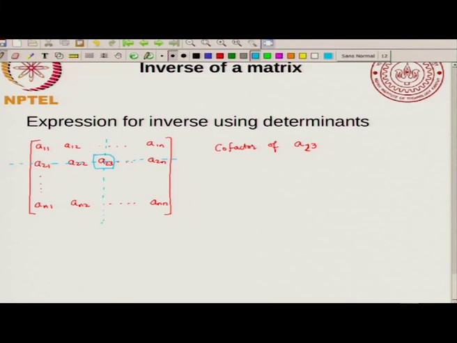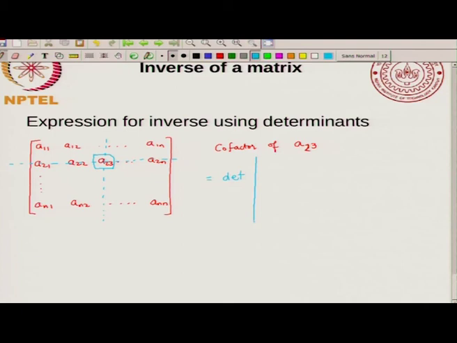If I remove this row and this column, what does my matrix look like? Now I have to start from A23. The cofactor is the determinant of this matrix.